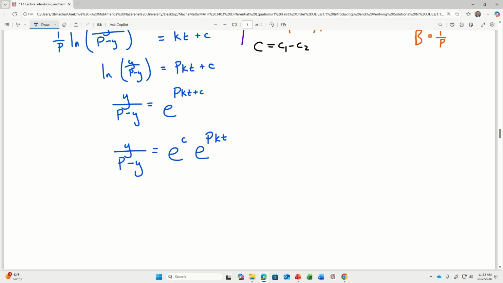And now e to the c is just a constant raised to an arbitrary constant. That's just an arbitrary constant. It has to be positive, of course, but it's just an arbitrary positive constant. And so sometimes people just combine that into a constant, call it c, and you make the note where c is positive over here.